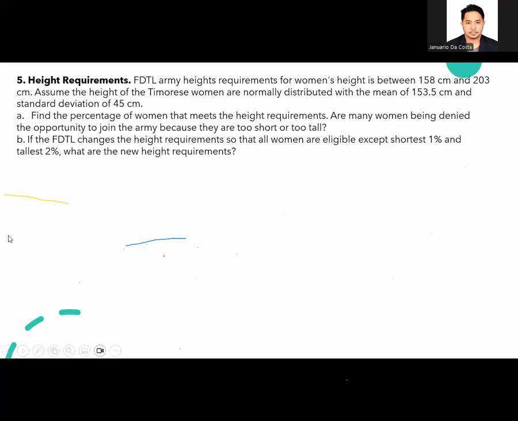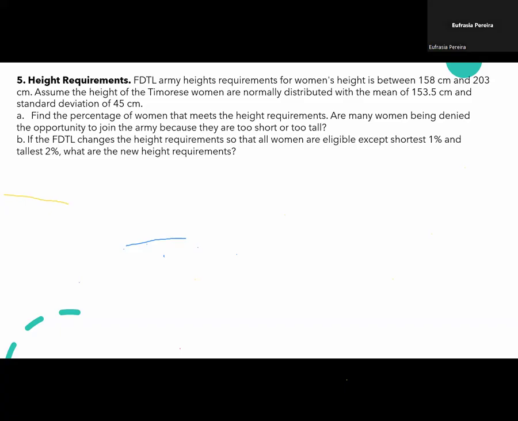Okay, what about this one? This is cool. Efraja, can you read this for us? Yes, teacher. Height requirement. FDTL Army height requirements for women is between 158 centimeters and 203 centimeters.